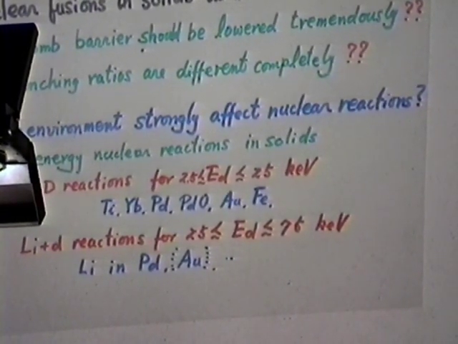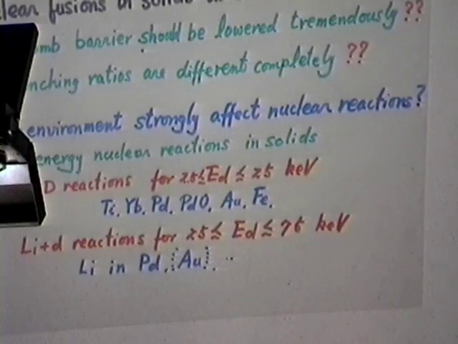And also, as the previous speaker, Mike Matsubo, told us, the branching ratio of the DD reaction mainly goes to the alpha particle emission. So another question is that the branching ratios are completely different from our present knowledge.